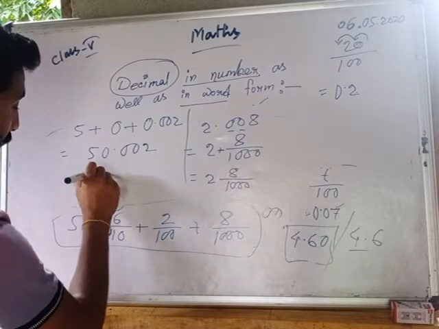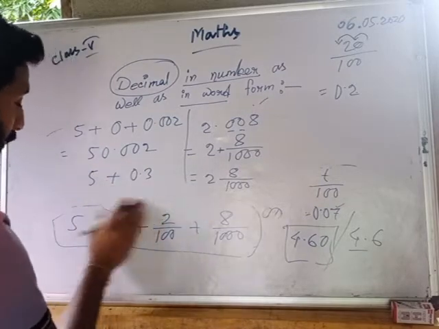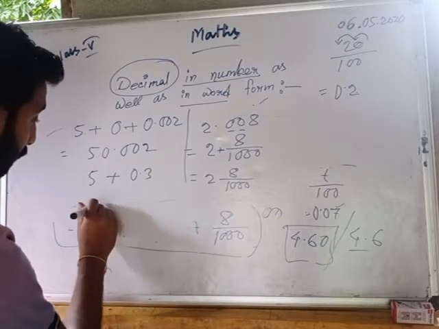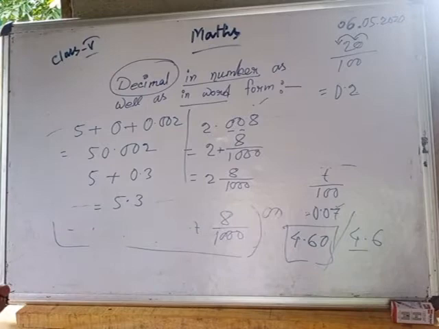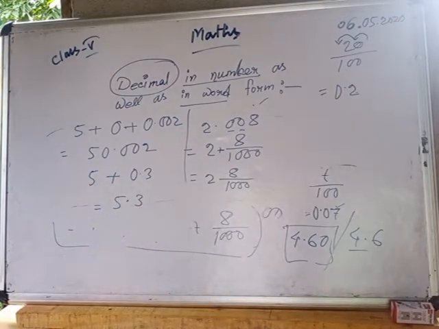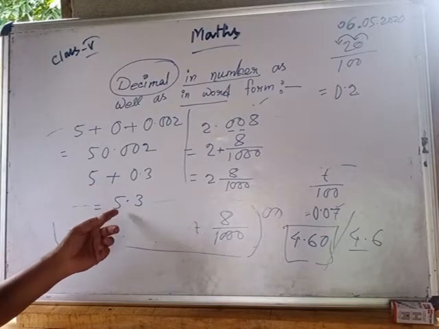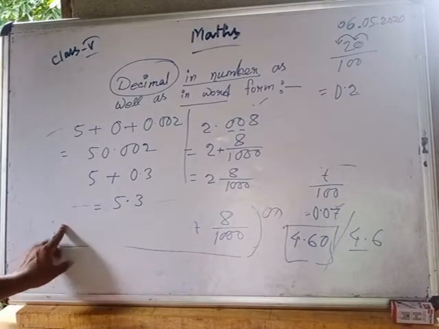If it is 5 plus 0.3, at that time we should write here 5.3 because 5 and 0 are at the place of ones. That's why we should write 5 at the place of ones in our place value.